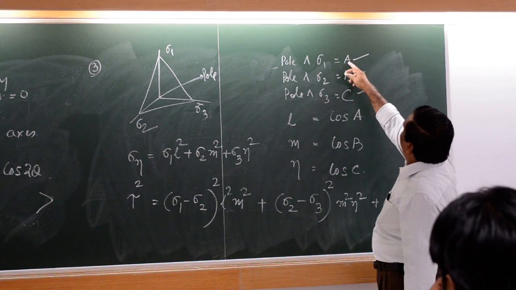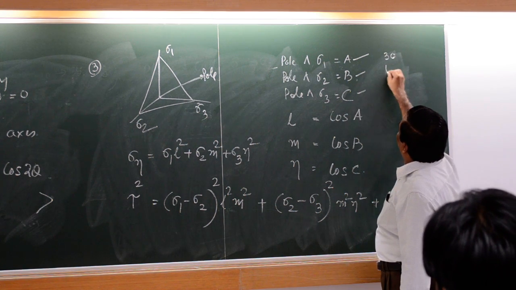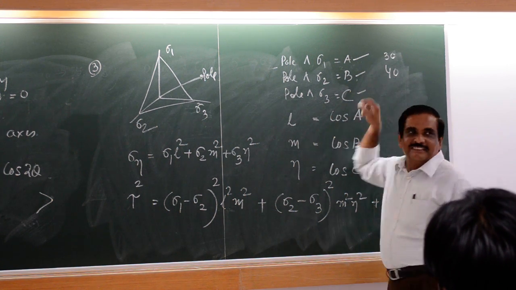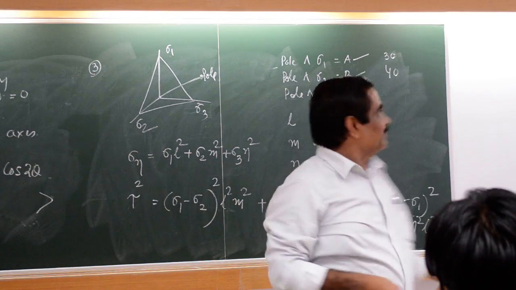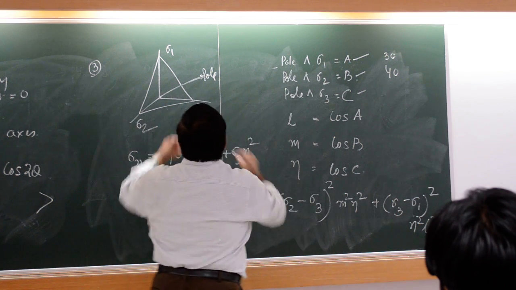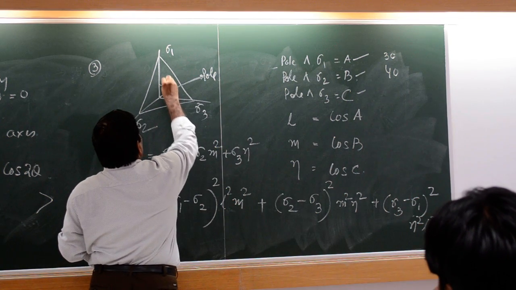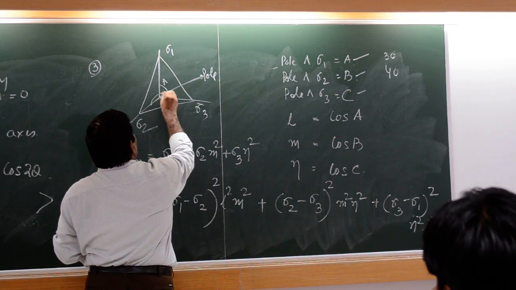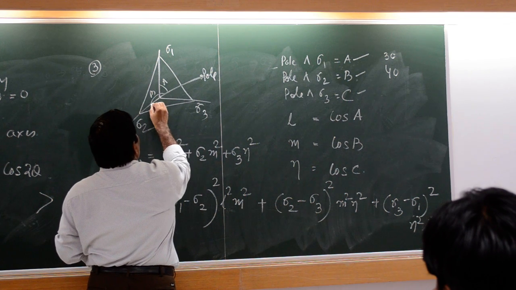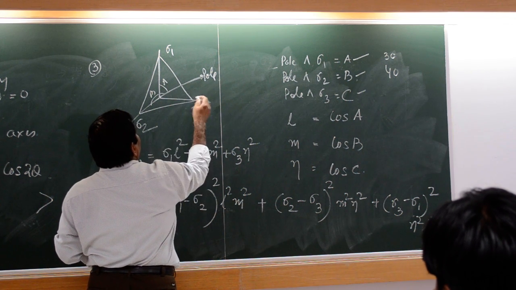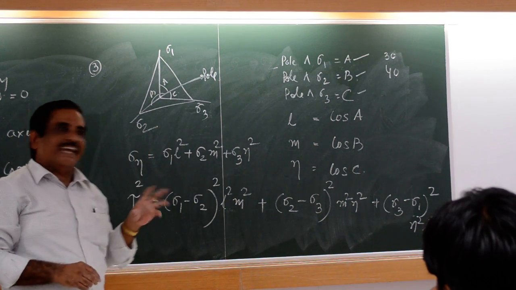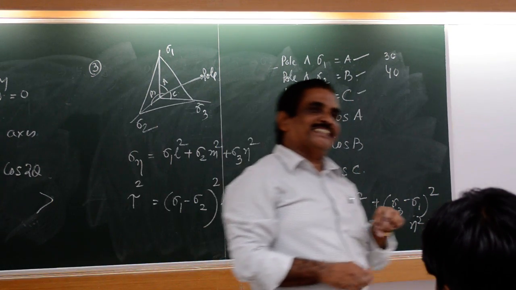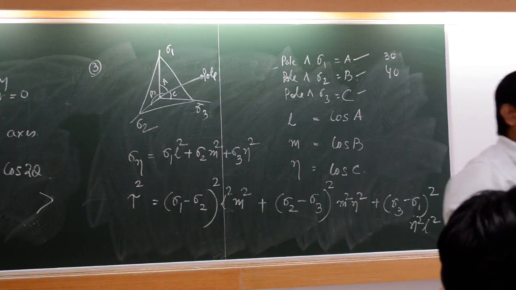Suppose A is equal to 30 degree, B is equal to 40. ये कितना होगा? I'm just asking. Suppose A means this angle, B means this angle, C means this one. A is equal to 30, B is equal to 40. C कितना होगा? हाँ? बोल पाओगे?